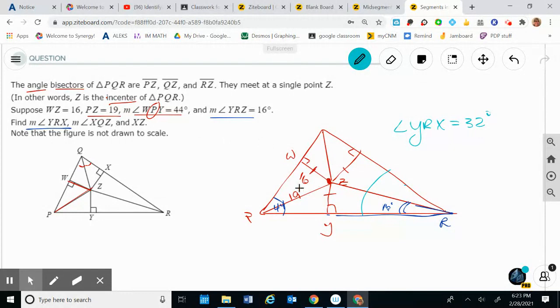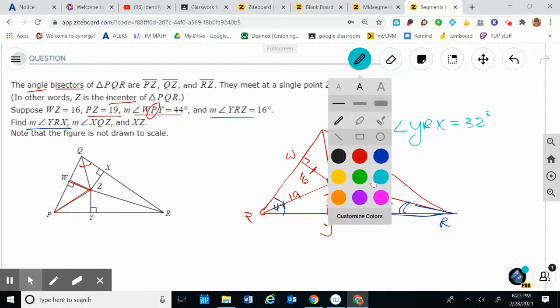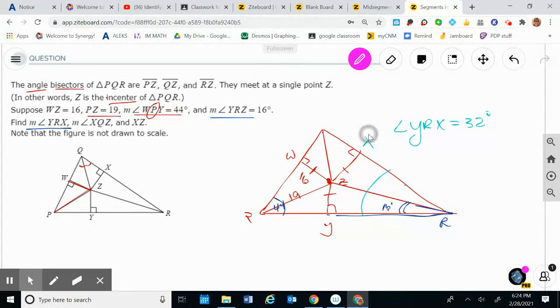Measure of XQZ. X, Q, Z. They want this angle. So how are you going to get that? They didn't give that to you.